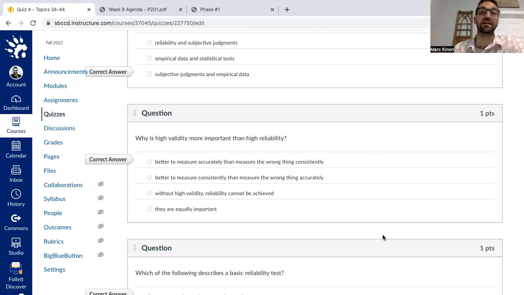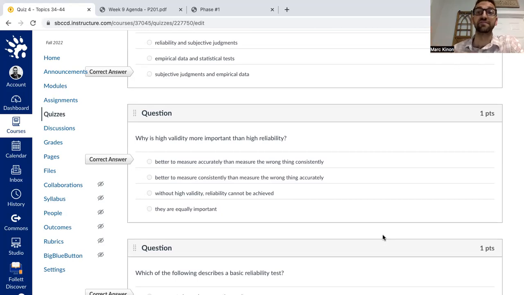The book is arguing, and it makes sense, that high validity is what matters. Is it actually a measure of self-esteem? The reliability could be low if I'm taking the Rosenberg self-esteem scale every hour, because maybe things in my life are changing every hour, every day, for example.